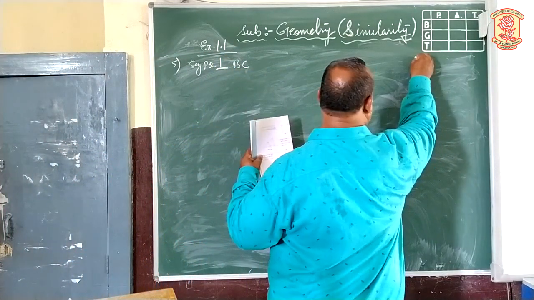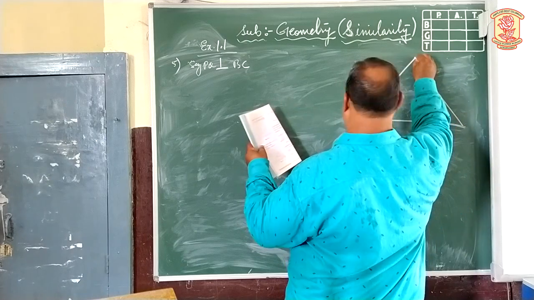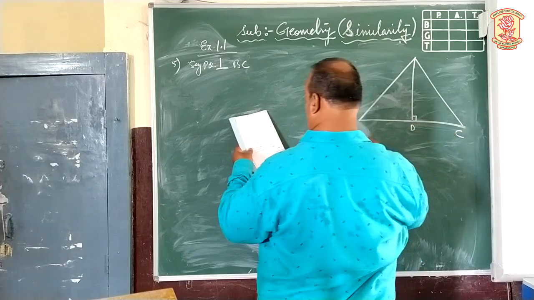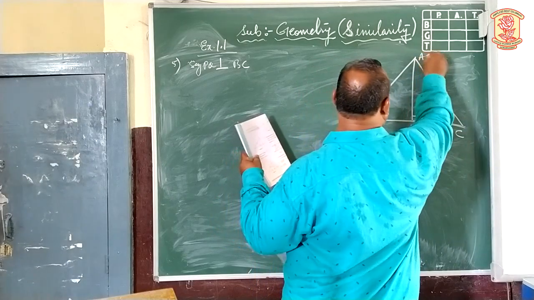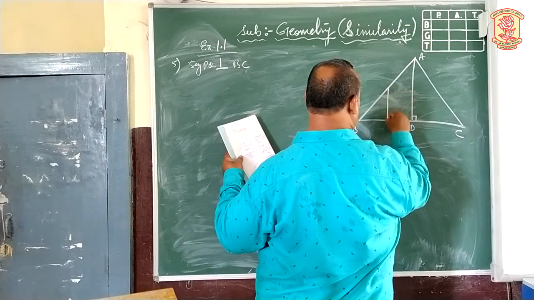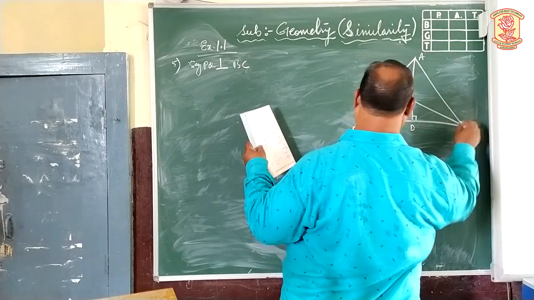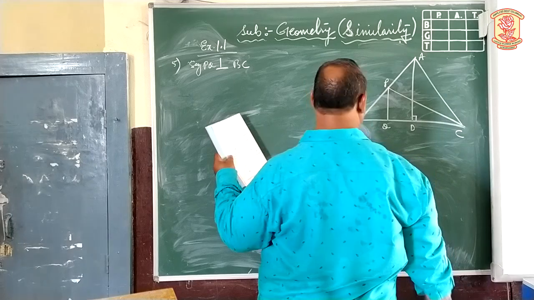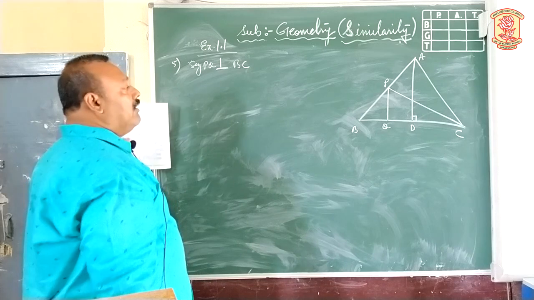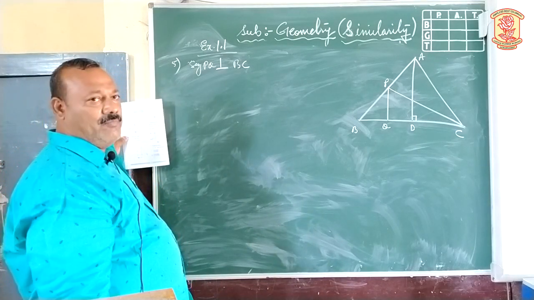In triangle ABC, the altitude is AD, this is BC, and one more triangle is there with the altitude PQ, that is triangle PBC. Now refer to the figure and answer the following questions.